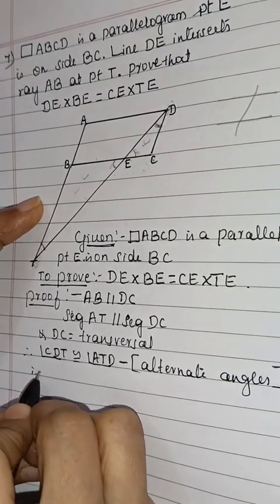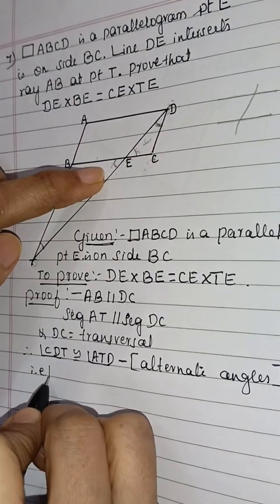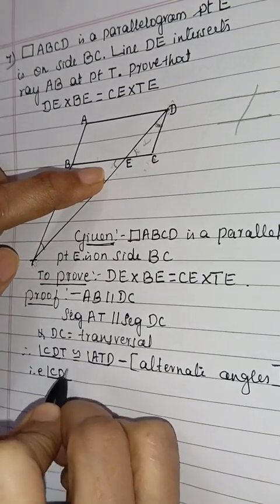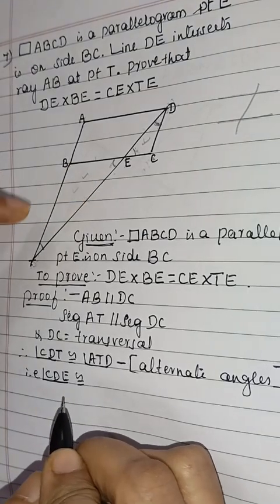That is CDT means CDE. Angle CDE is congruent with ATD.